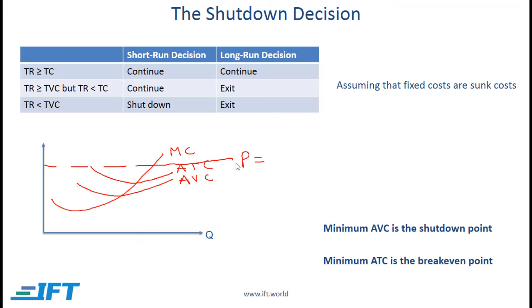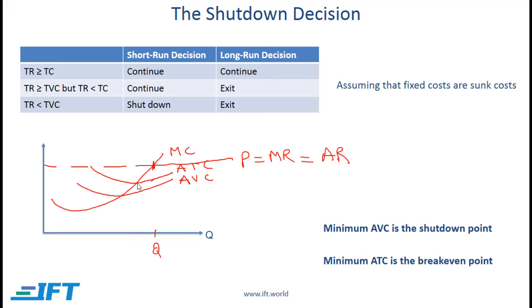Now price in a perfectly competitive environment is the same as marginal revenue, which is the same as average revenue. So in this case, the optimal profit maximizing quantity is over here. So this is the quantity. The price is high compared to the average total cost. So clearly there is an economic profit to be made.